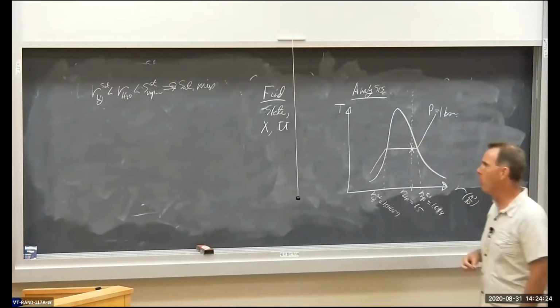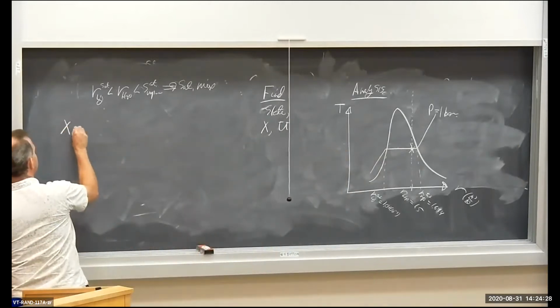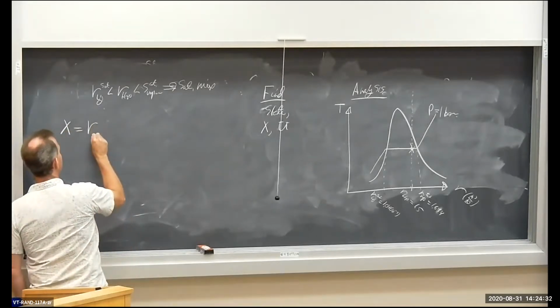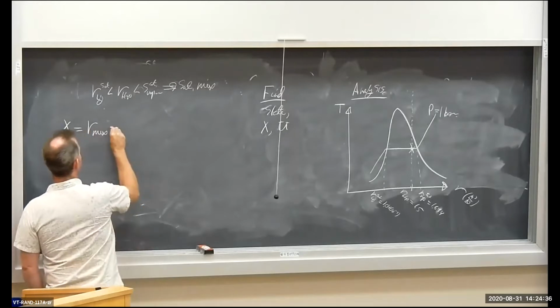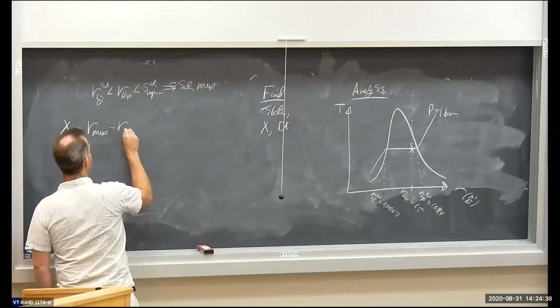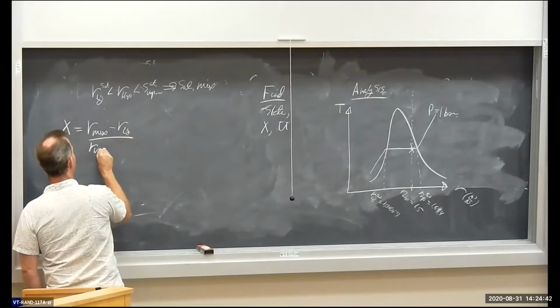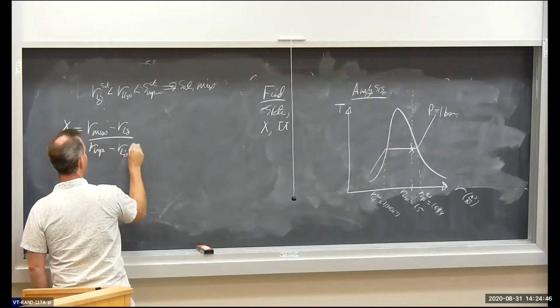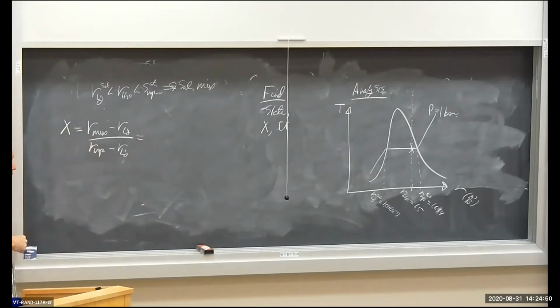Let's calculate the quality. X is going to be equal to V of the mixture minus the specific volume of the saturated liquid, divided by the specific volume of the saturated vapor minus the specific volume of the saturated liquid. Okay, this is from our previous derivation.